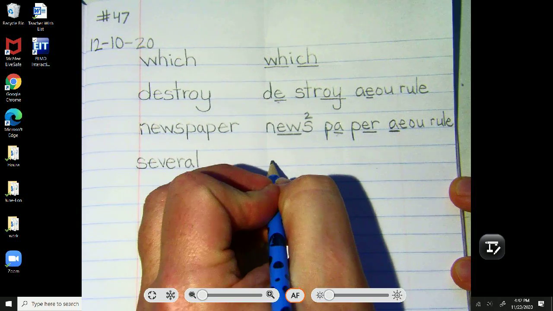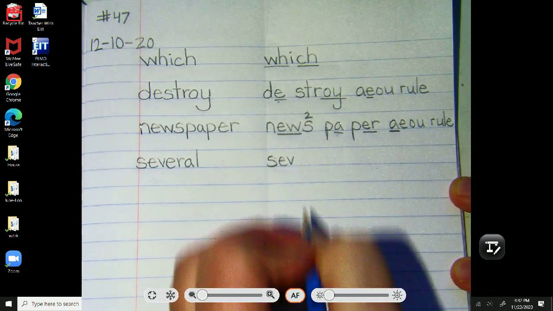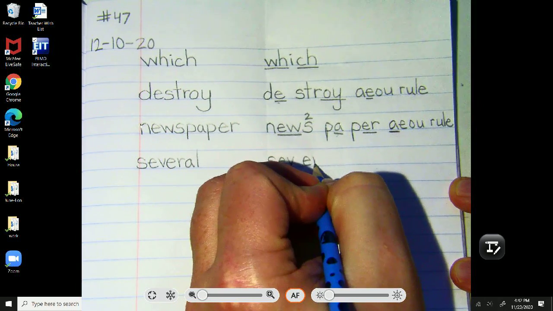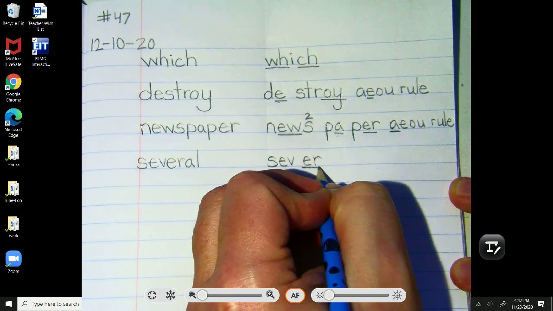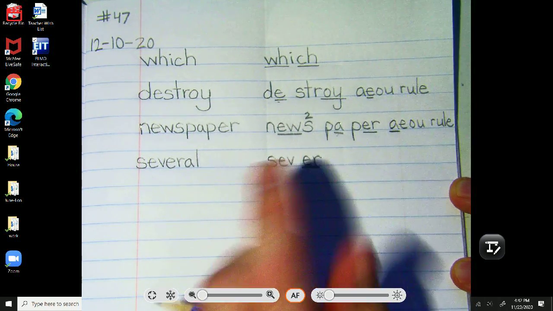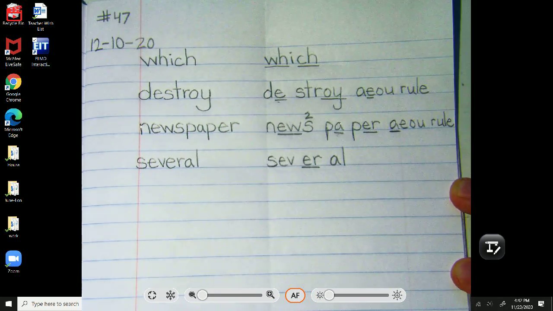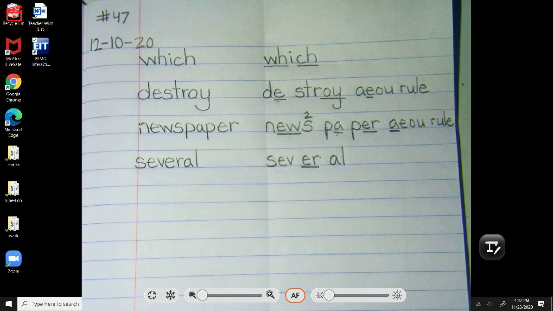Right. 3. Sev. Finger space. Oh, there's the er again, just like in newspaper. Sev. Finger space. Al. Maybe you know someone named Al. Right? Several.